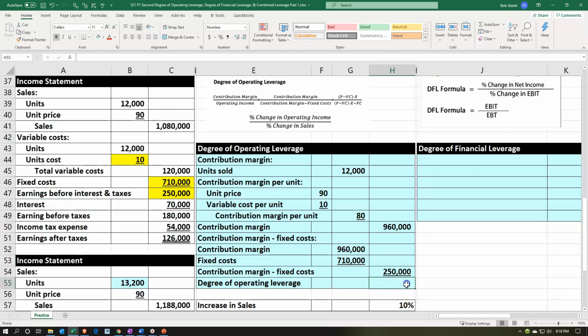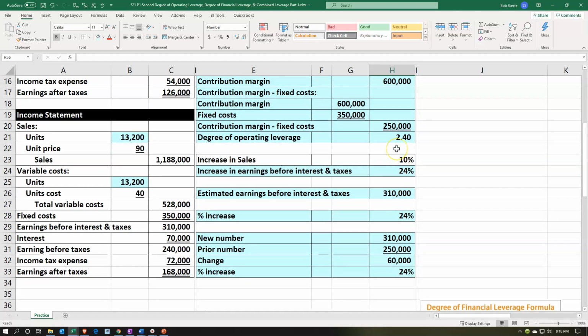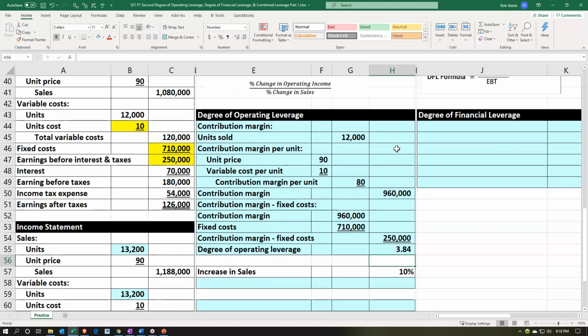So then we can divide this out. We're going to say that this is going to be the 960,000 divided by the 250. That's going to give us now 3.84. So you can see now that this, of course, is a higher number. So the higher the operating leverage, the more leveraged they are. So that means risk is higher. You can think of it, well, is that good or bad?